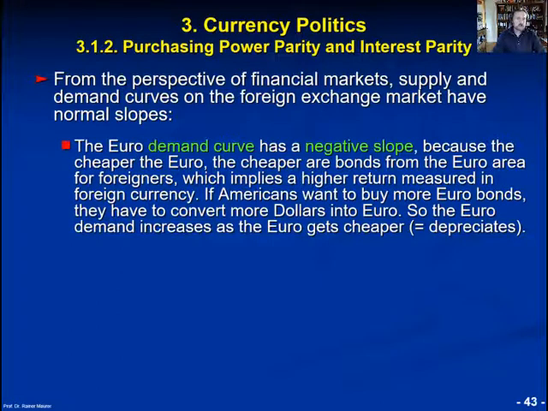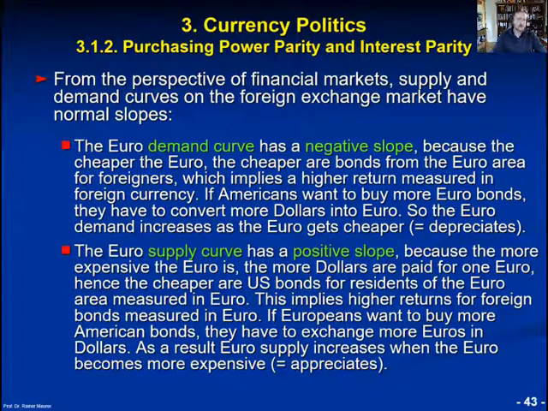The euro demand curve has a negative slope because the cheaper the euro, the cheaper are bonds from the euro area for foreigners, which implies a higher return measured in foreign currency. So if Americans want to buy more euro bonds, they have to convert more dollar into euro. So as a result, the euro demand increases as the euro gets cheaper.